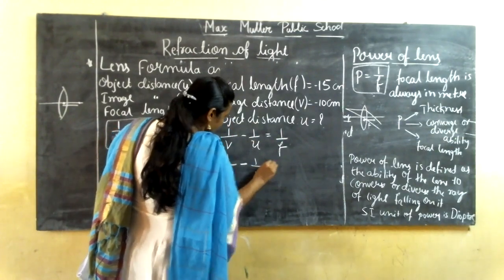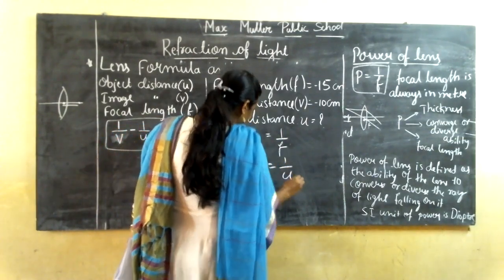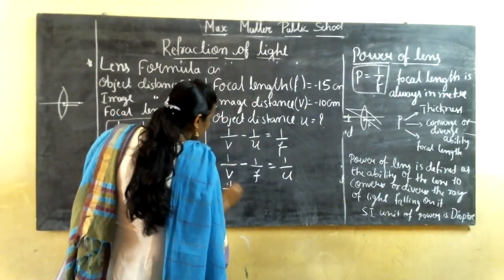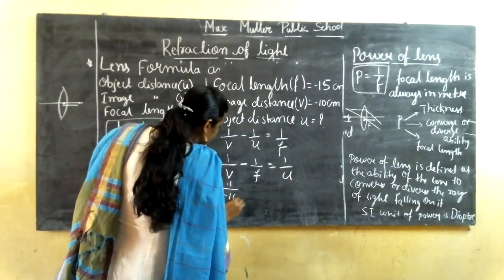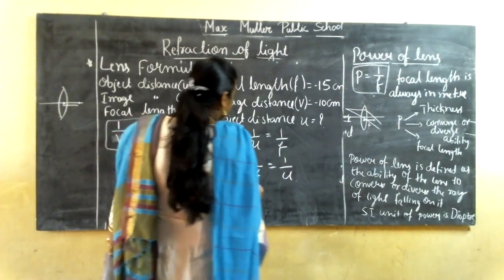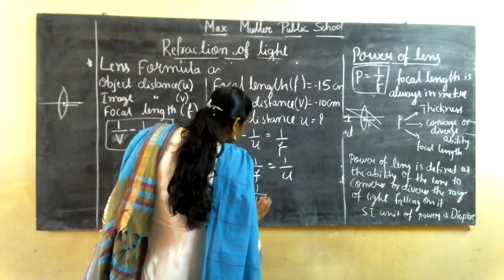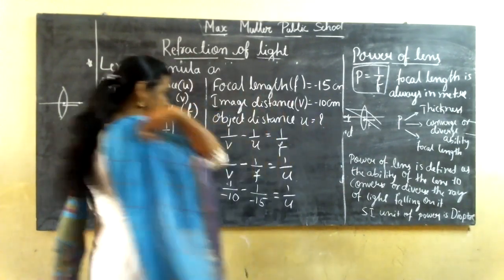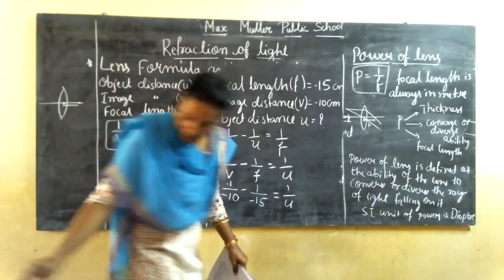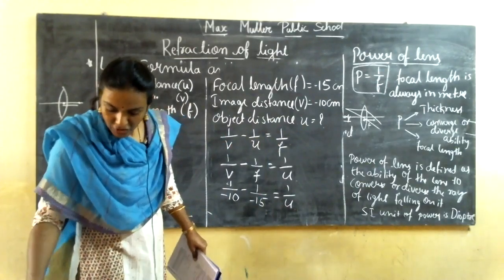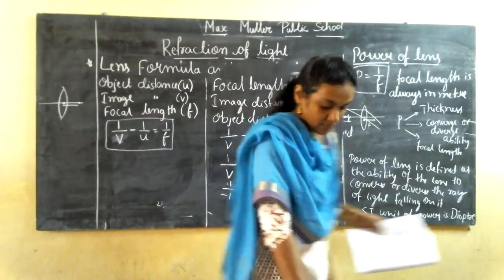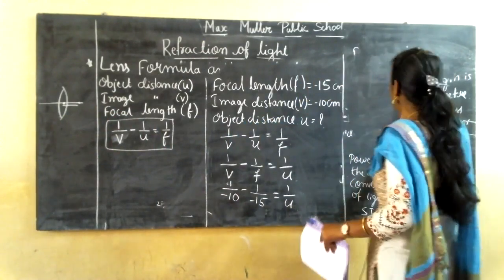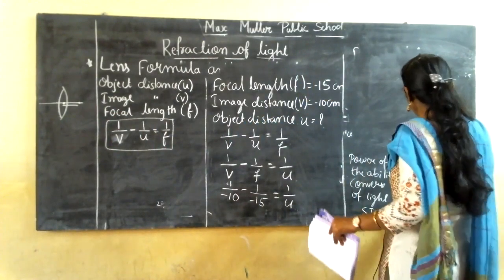Here v is minus 10, and f is 15, so 1 by minus 10 minus 1 by 15. Everyone solve this problem, children.